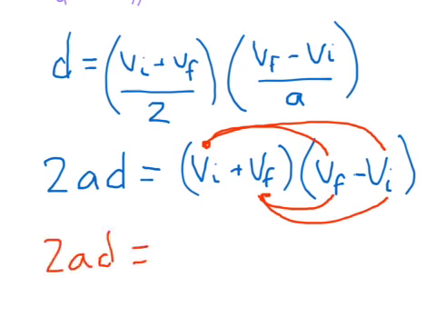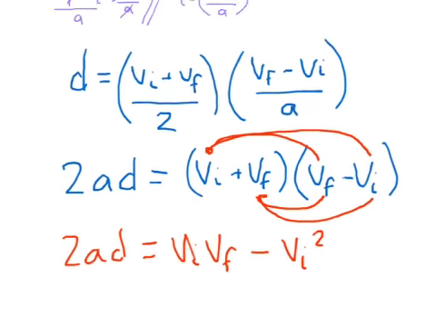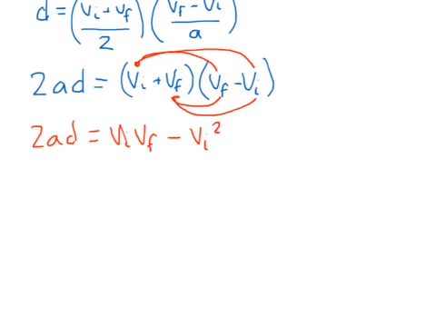2Ad, for continuity, equals Vi times Vf, minus, because we've got the minus Vi term, Vi squared. And for the second part, we've got plus Vf squared, and then we've got minus Vf Vi.